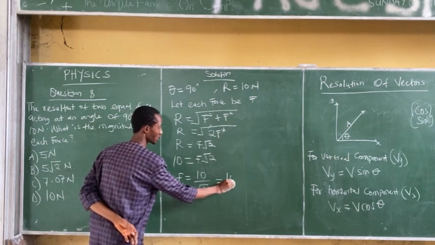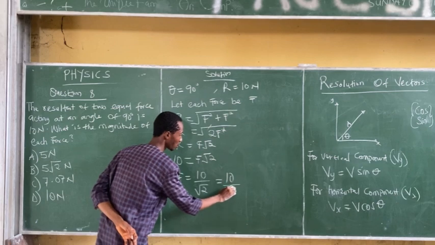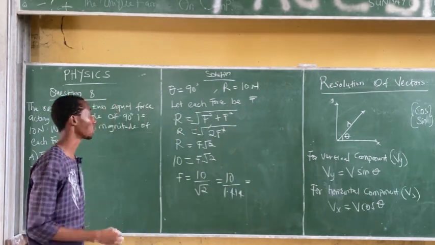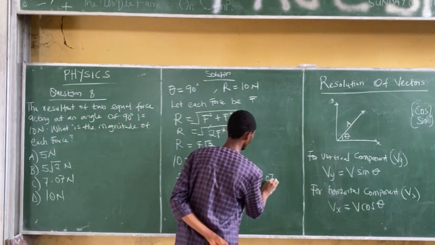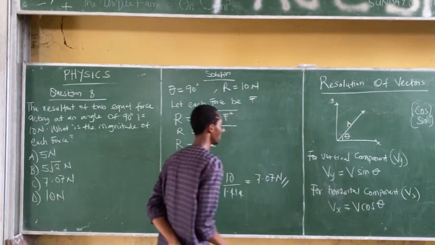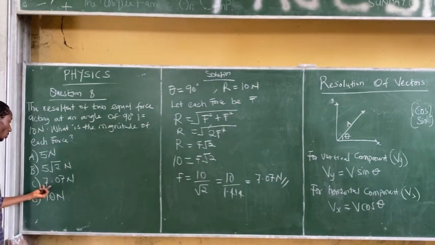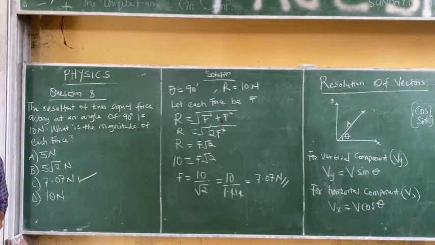Root 2 is 1.414. 10 divided by 1.414 will give us 7.07 newtons. Therefore, the correct answer to this question is 7.07 newtons.